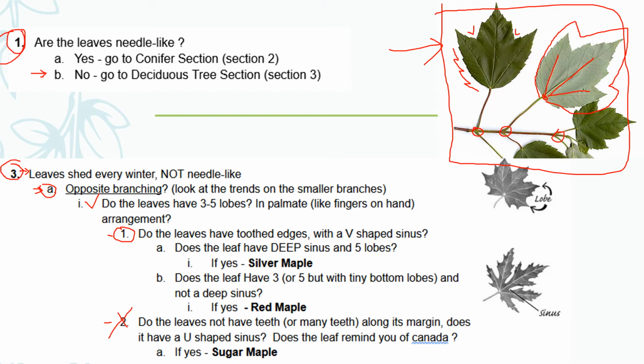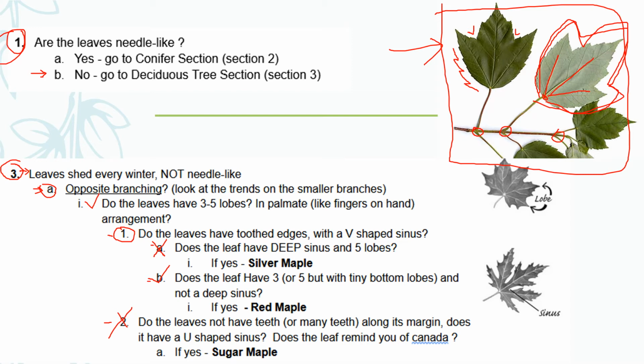All right, does the leaf have a deep sinus and 5 lobes? Or does the leaf have 3 lobes and not a deep sinus? So looking at this, we already counted earlier, it's got 3 lobes, and you can see that the sinus isn't very deep. All right, so I would say that A is definitely not our leaf, and B better fits it because it has 3 lobes and not a deep sinus.